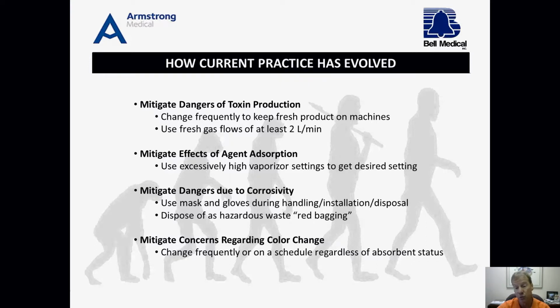Whereas with Amsorb Plus, we recommend changing upon inspired CO2. Once you start getting inspired CO2, there's no danger with rebreathing your own CO2. In fact, there used to be anesthesia machines that would have CO2 tanks on them so that you could actually dial in CO2, because what CO2 does is it stimulates the brain to make you breathe.